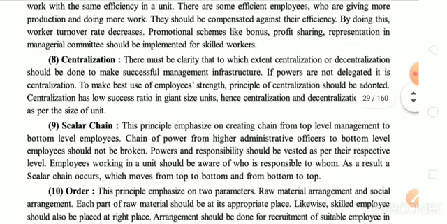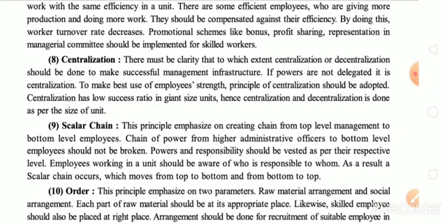There must be clarity as to which extent centralization or decentralization should be done to make a successful management infrastructure. If the organization is small, micro or medium size, then it is advisable to have a centralized position where the business owners or managers or leaders have total control of each and every activity of the organization.